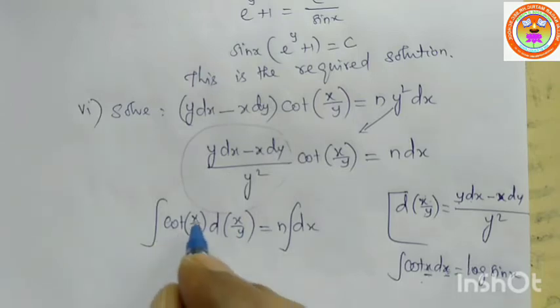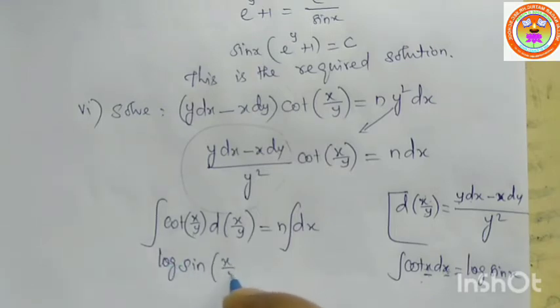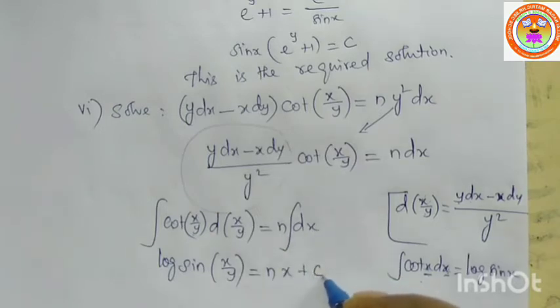So cot of x by y into d of x by y is log of sin of x by y, which is equal to n into the integral of dx, that is nx plus c. Is it clear? Okay.